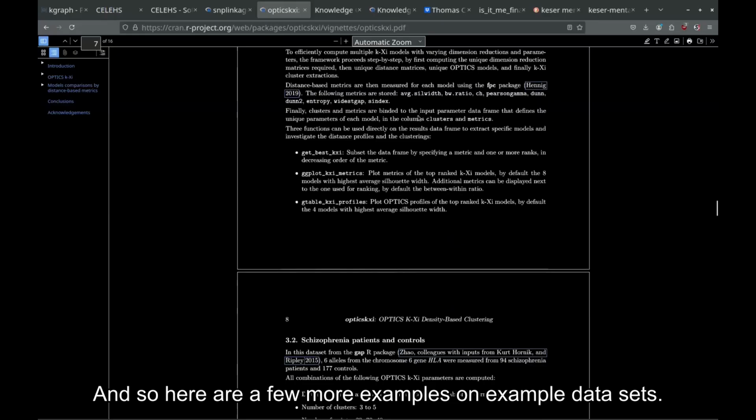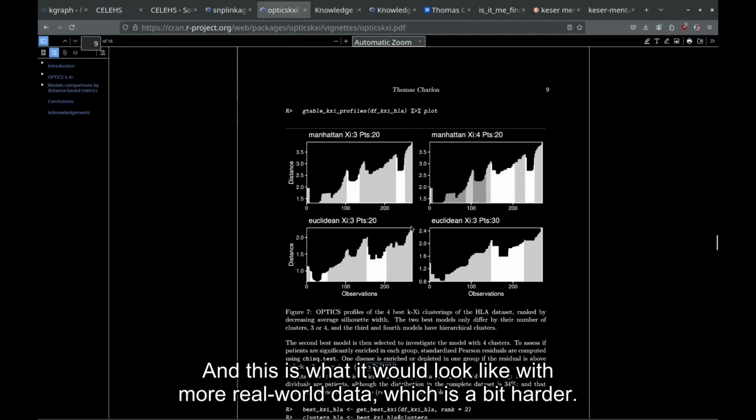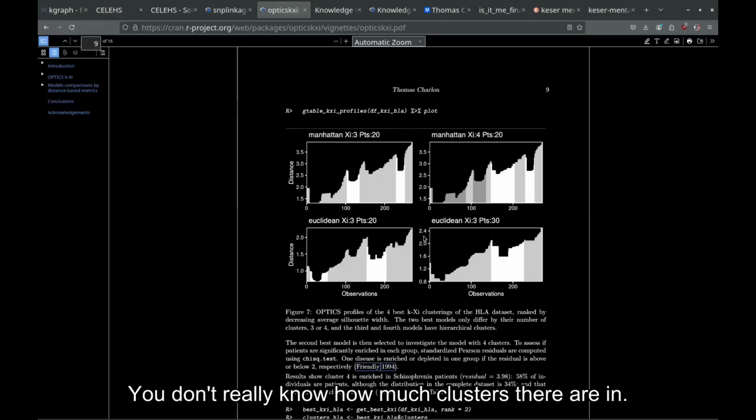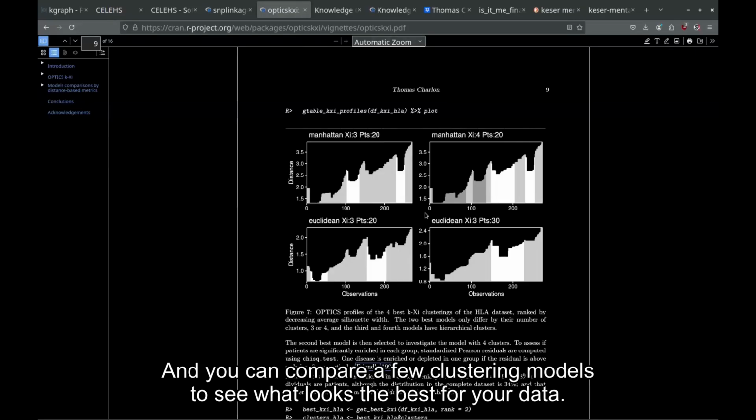So here are a few more examples on example data sets, and this is what it would look like with more real world data, which is a bit harder. You don't really know how many clusters there are. And so my package provides a distance-based metric, and you can compare a few clustering models to see what looks the best for your data.